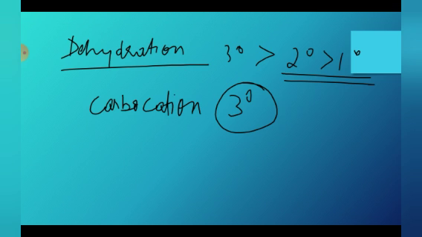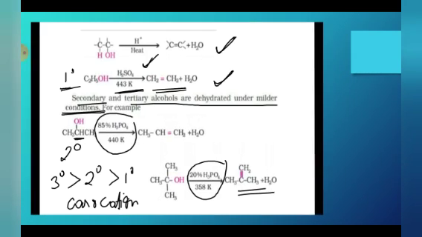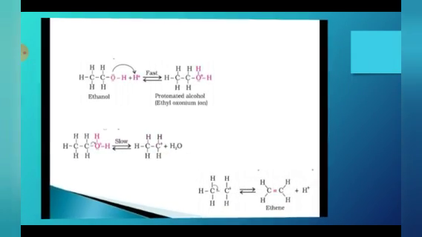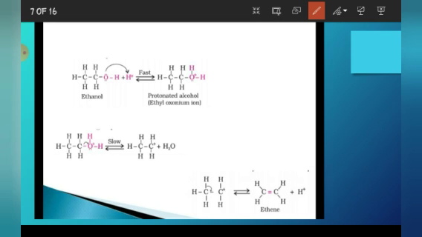Now let us look into the mechanism of this reaction. It is given in your NCERT also, and it is very important, you need to remember all these 3 steps. It involves 3 steps.